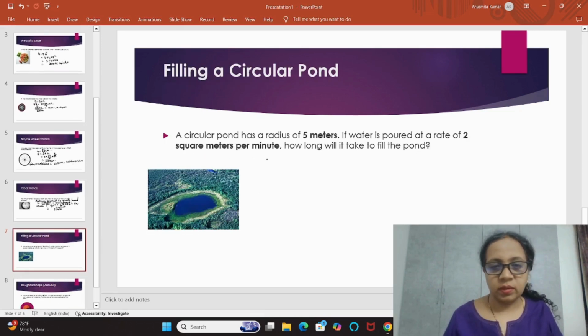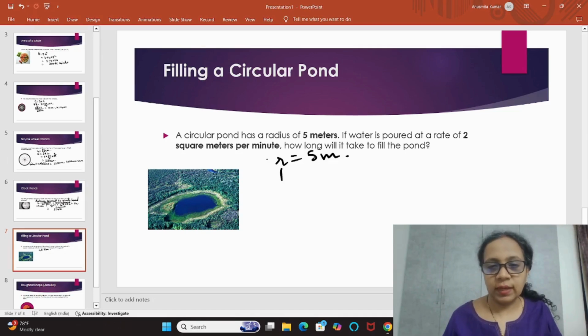The next one. A circular pond has a radius of 5 meters. If the water is poured at a rate of 2 square meters per minute, how long will it take to fill the pond? Now the radius of the pond is 5 meters. So the water will be poured around the area of the pond, because the water is poured inside the pond.